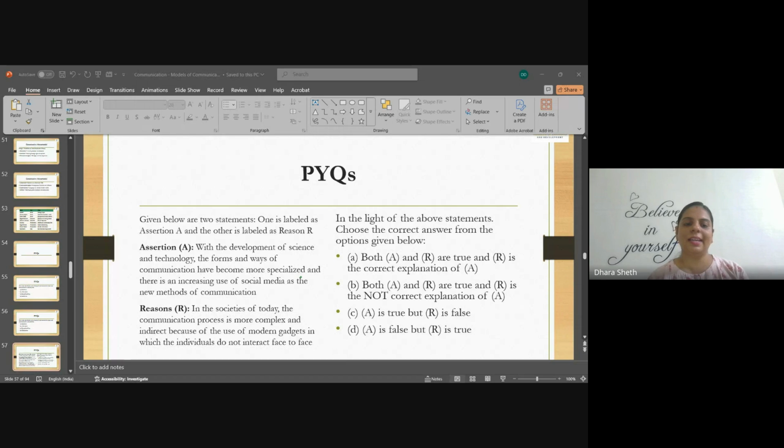The reason is, in the societies of today, the communication process is more complex and indirect because of use of modern gadgets in which the individuals do not interact face to face. So both are true and R is the correct explanation of A. Both are true, but R is not the correct explanation of A. A is true, but R is false. A is false, but R is true. These are your 4 options.